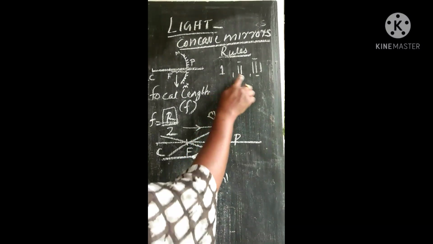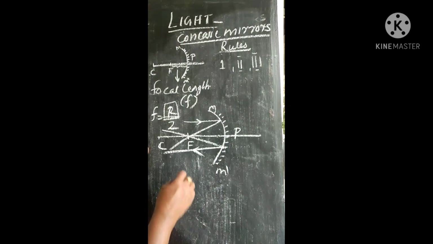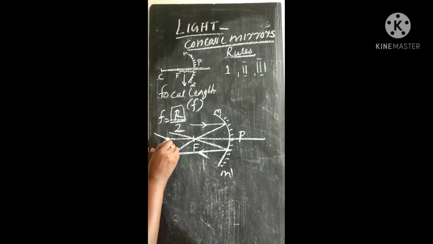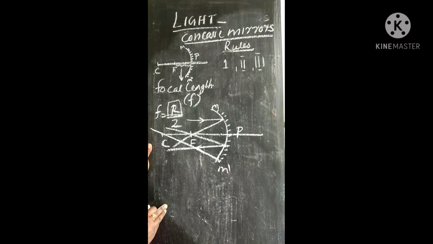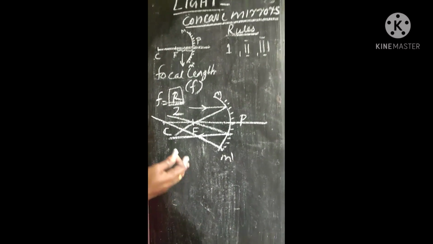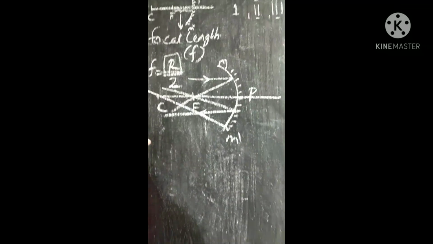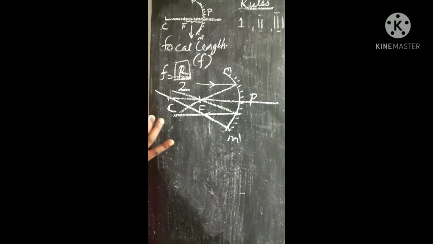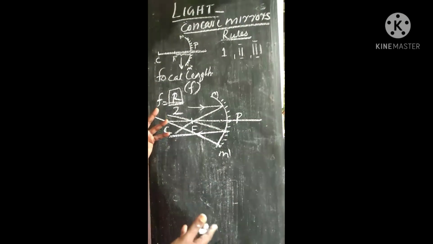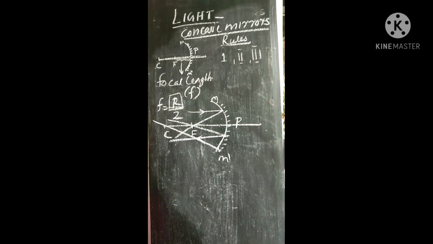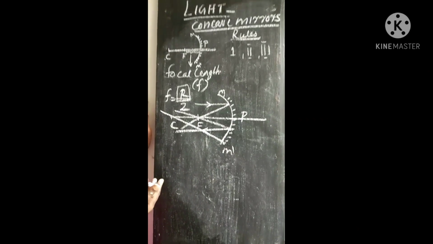We completed the first two rules, and the third rule: if a ray is passing through the center of curvature, that is also possible. The ray can come through any point. So we are placing an object in front of the concave mirror, the reflecting side of a concave mirror. An enormous number of light rays can come from the object.